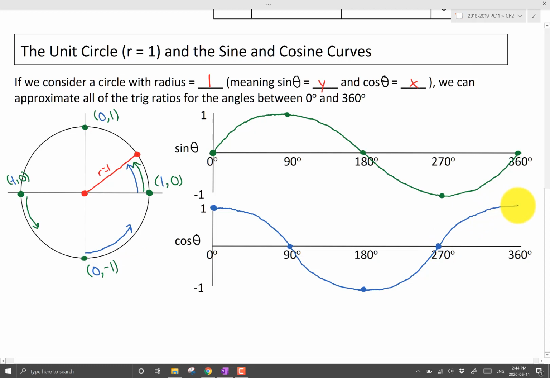That shouldn't technically surprise you. These are an introduction to what you're going to be learning in future math as well. These are called the sine and the cosine waves, and they approximate all of the sine and cosine ratios between 0 and 360. And you can see the exact values for 0, 90, 180, 270, and 360, which we refer to again as the quadrantal angles.